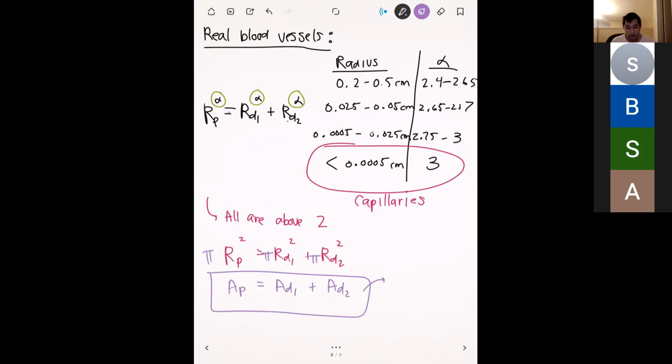of the parent. But the fact that all of these exponents are above 2 means that every time we have a bifurcation, the total cross-sectional area of the blood vessels is increasing.